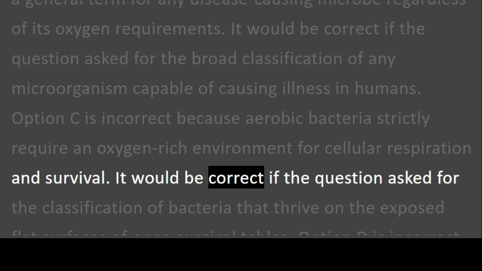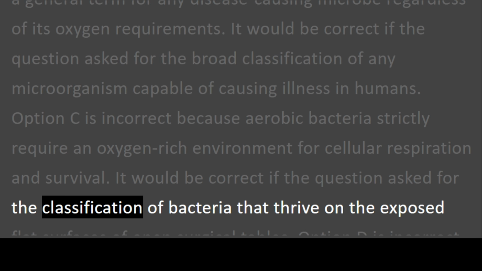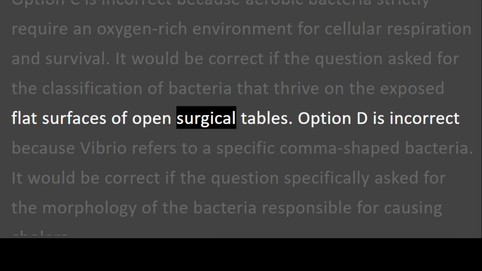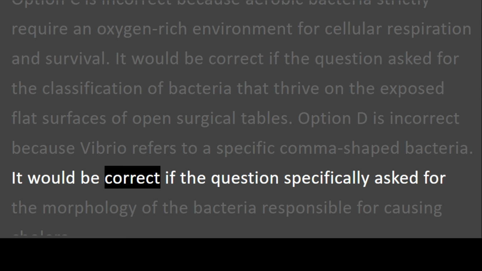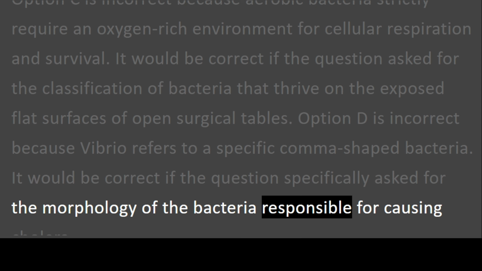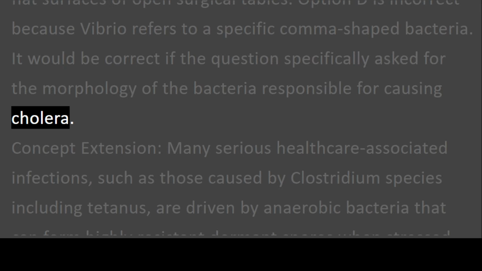It would be correct if the question asked for the classification of bacteria that thrive on the exposed flat surfaces of open surgical tables. Option D is incorrect because Vibrio refers to a specific comma-shaped bacteria. It would be correct if the question specifically asked for the morphology of the bacteria responsible for causing cholera.